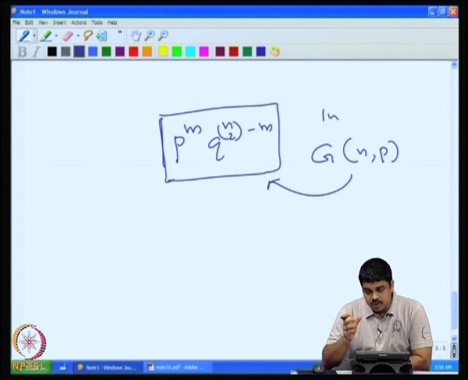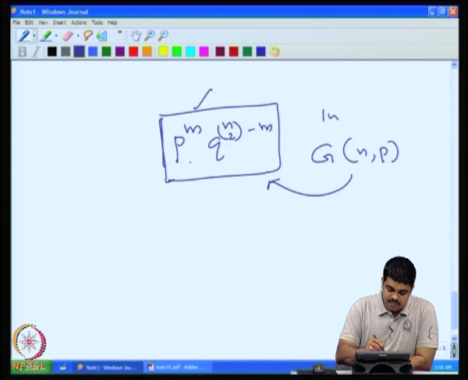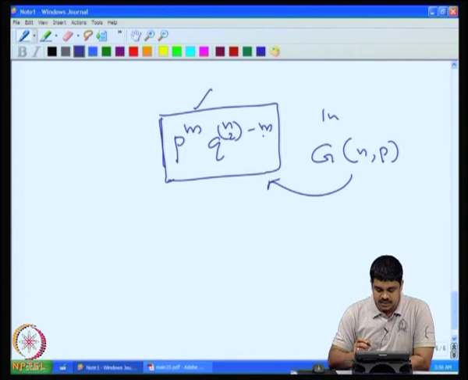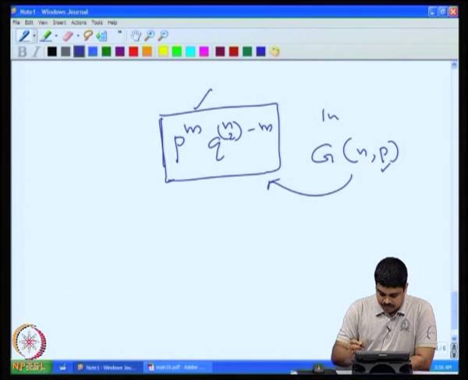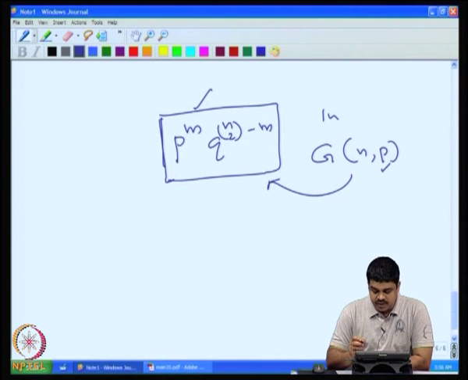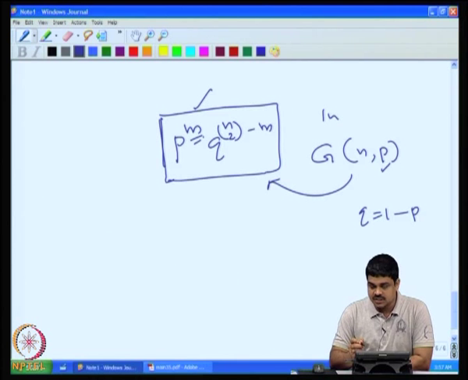And the probability value assigned to a particular graph is essentially p raised to m into q raised to n choose 2 minus m, where p is some fixed number, q being 1 minus p, right, and m is the number of edges in that graph.